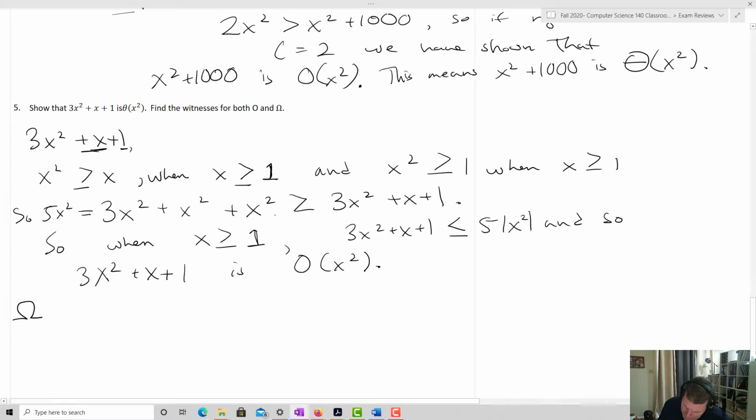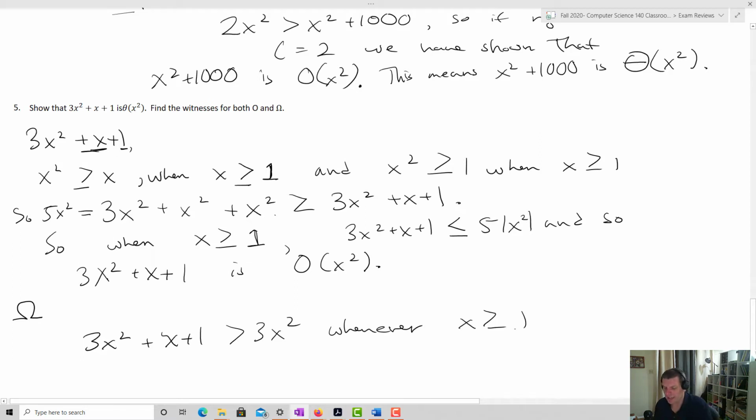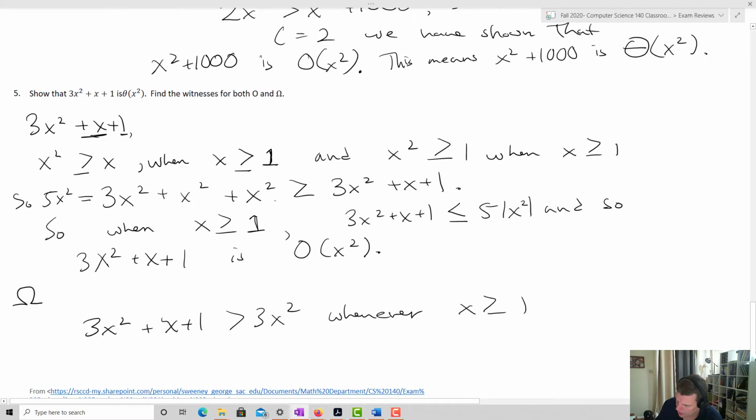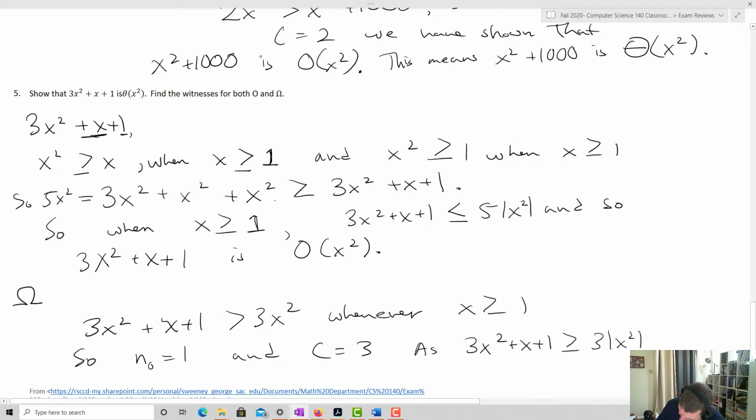What we'll notice is that 3x squared plus x plus 1 is going to be greater than 3x squared whenever x is greater than or equal to 1, and you can just plug in 1 for x. So n naught is going to equal 1, and c will equal 3, as 3x squared plus x plus 1 is greater than or equal to 3 times x squared in absolute value when x is greater than or equal to 1.